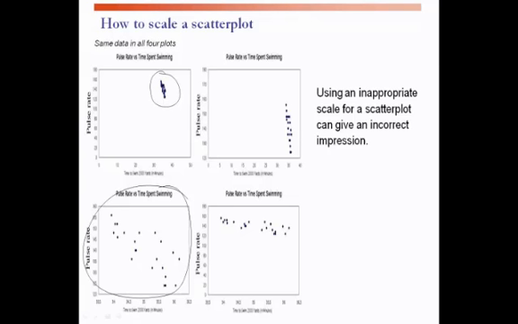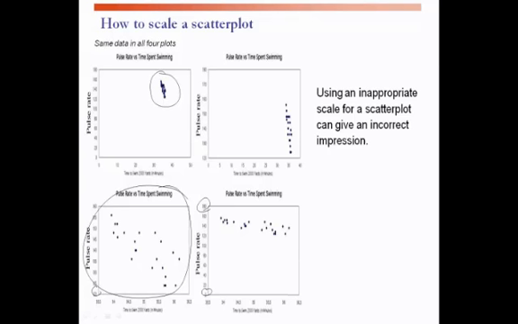For example, this plot starts at 120 and goes up to 160. And let's say I have another plot here. In this case, it goes from 0 to 180. Obviously, the one on the left-hand side is depicted fully. The one on the right-hand side is not. Can you think of what to do?